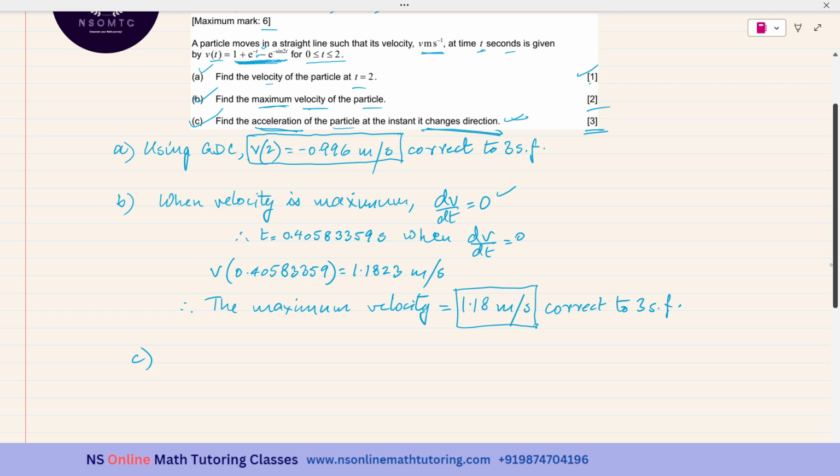Or else if you graph, then you can find the acceleration. I'll be showing you the graphical method also, but since I'm using the algebraic method, let me show you the algebraic method. Let me get the answer using the algebraic method first of all, and then I can show you the graphical method as well.